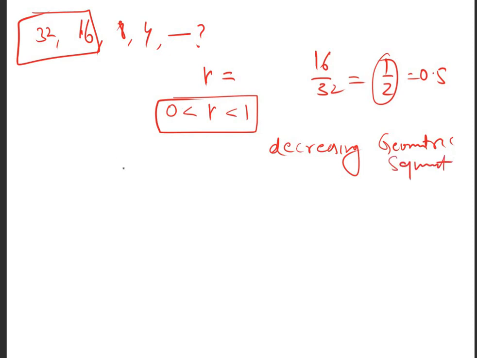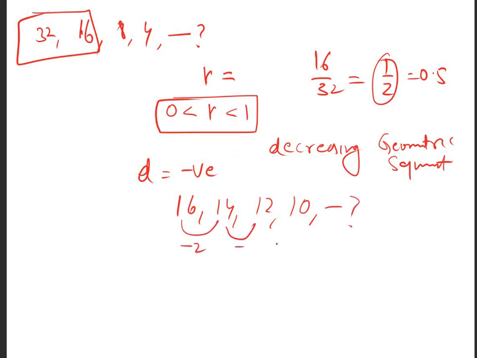It is as good as when your d was a negative term in arithmetic sequences, you used to get a decreasing sequence. So for example, you had 16, 14, 12, 10, and what is next? So what you're doing is minus 2, minus 2, minus 2. So here your d was a negative number. Here the r is a fraction between 0 and 1.